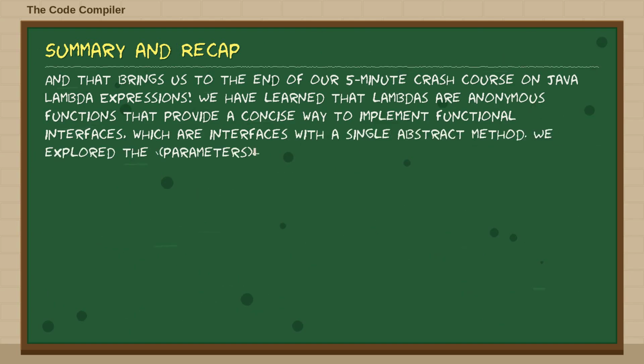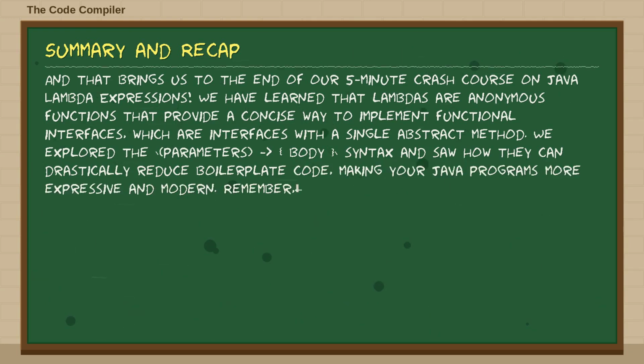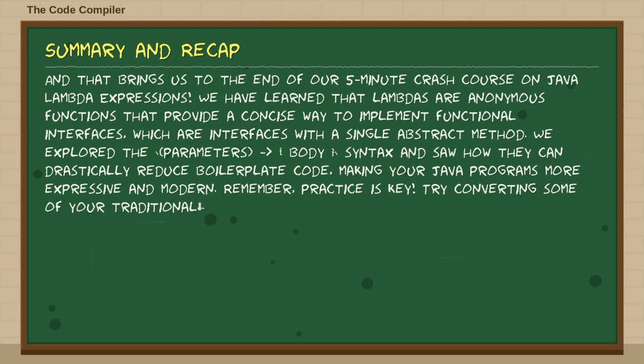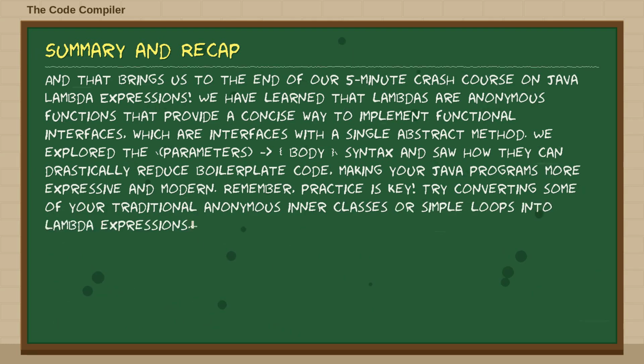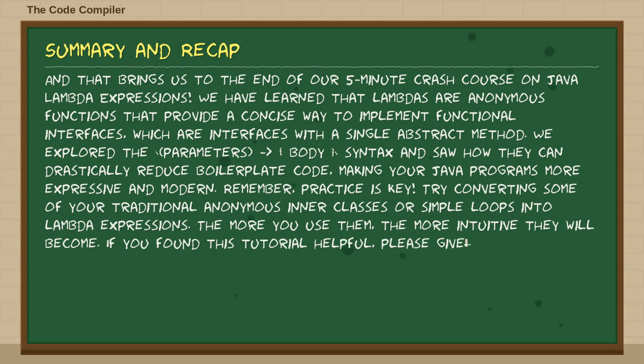We explored the parameters -> body syntax, and saw how they can drastically reduce boilerplate code, making your Java programs more expressive and modern. Remember, practice is key. Try converting some of your traditional anonymous inner classes or simple loops into lambda expressions. The more you use them, the more intuitive they will become.